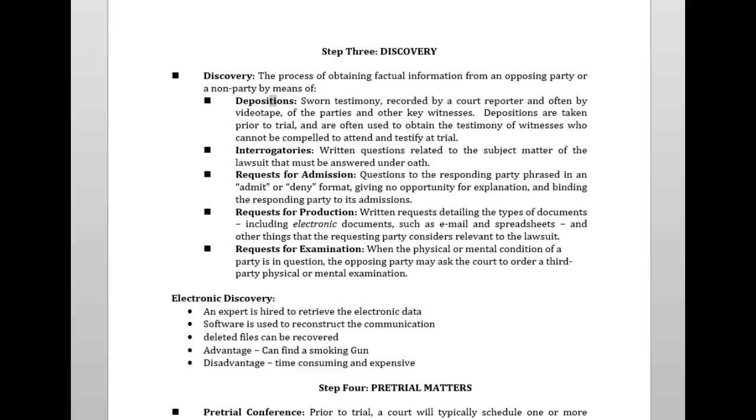There are requests for production, which include requests for documents, electronic documents, anything pertaining to the trial or to the matter at hand. You can ask for all the documents involved. And you can have a request for examination, where you can ask to have somebody examined to see if they're physically able to stand trial or if they're mentally able to stand trial.